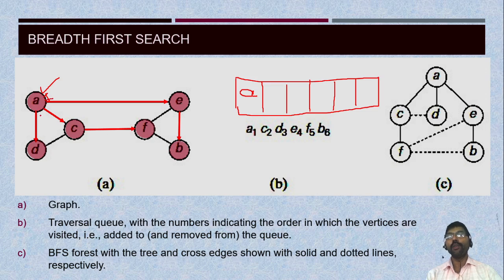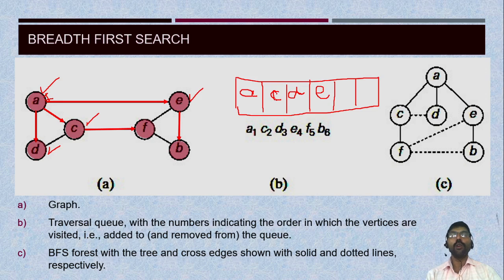Then I will find all the adjacent nodes of A, that is C, D, E. I will add them one by one to the queue: first C, then D, and then E. Then I mark them as visited, visited, and visited.